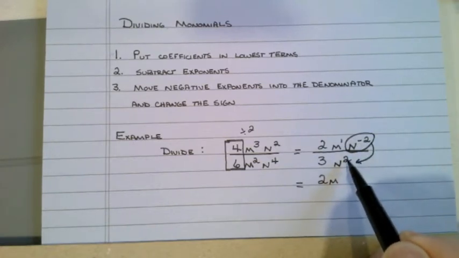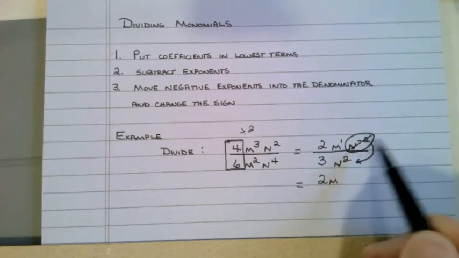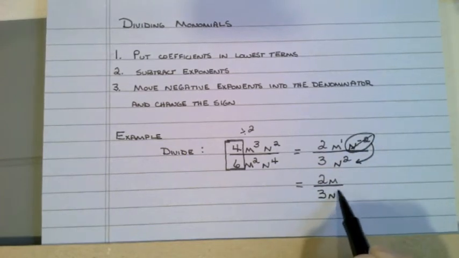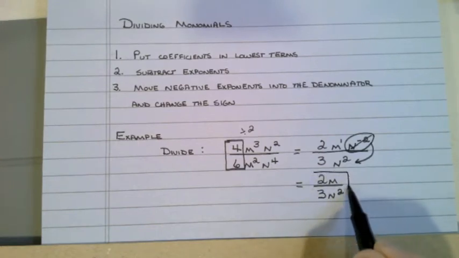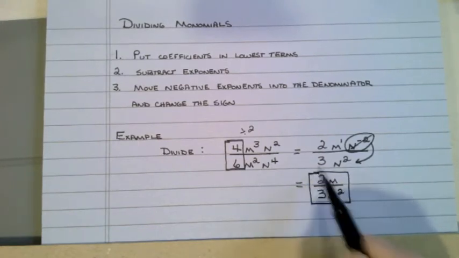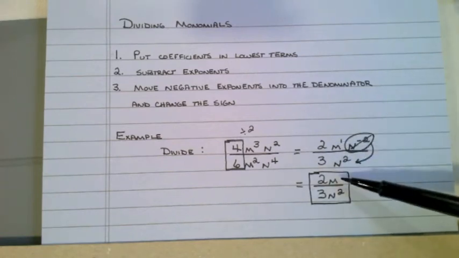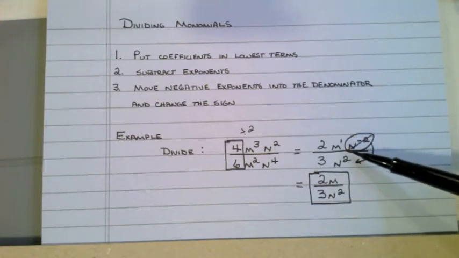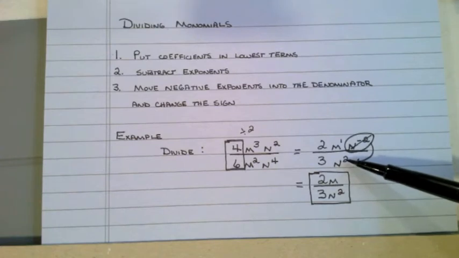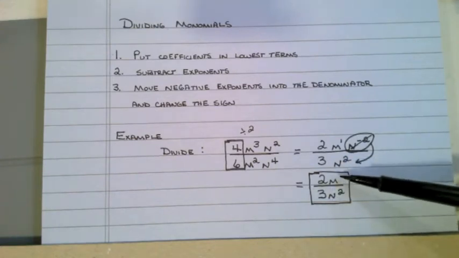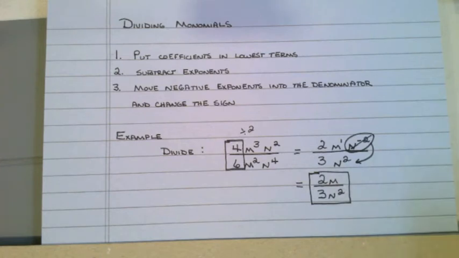Once I move it into the bottom, it becomes a positive 2. Here is what my answer looks like. I didn't have to write this 1 because I don't write exponents of 1. Anything that has a negative exponent, I move into the denominator, and when I do that, the sign changes. This is what my answer should look like. All the exponents are positive.